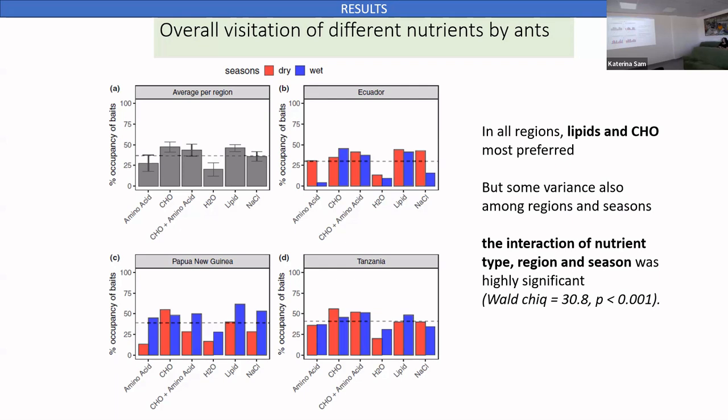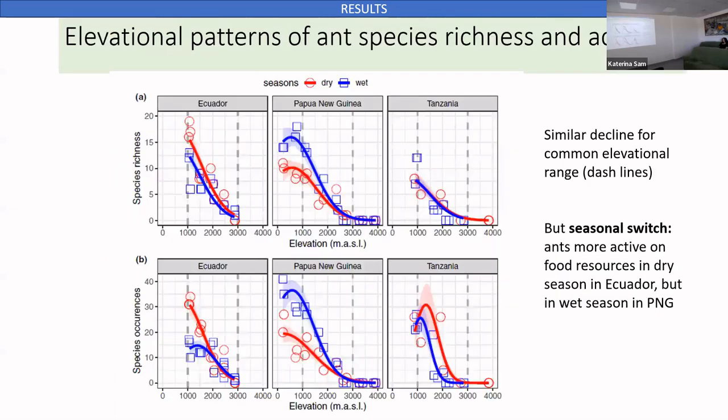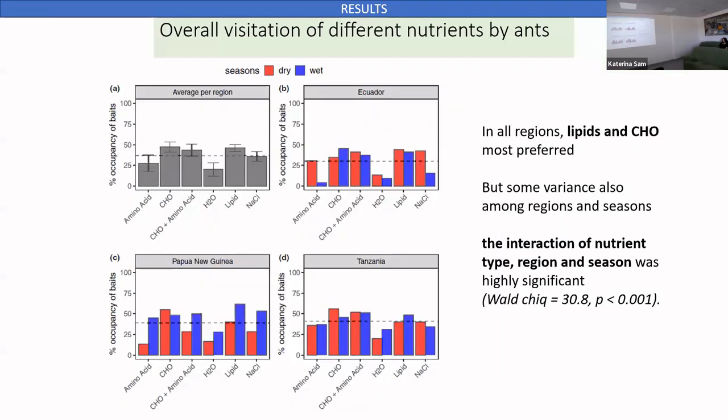That's why the interactional effect on simple proportion occupancy per site, ignoring elevation, is quite significant. But it could already be guessed because if there is this big seasonal effect, it must translate somehow also to the nutrients. Probably the biggest difference is, for example, amino acid, which is crazily preferred in wet season in PNG, but in dry season in Ecuador.